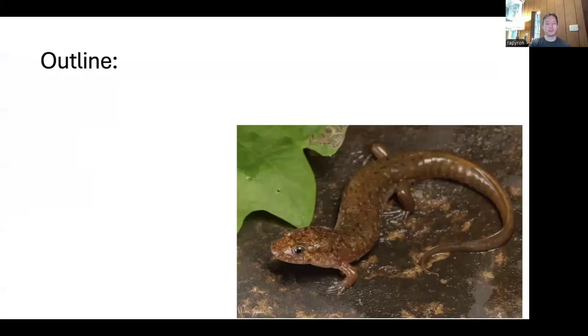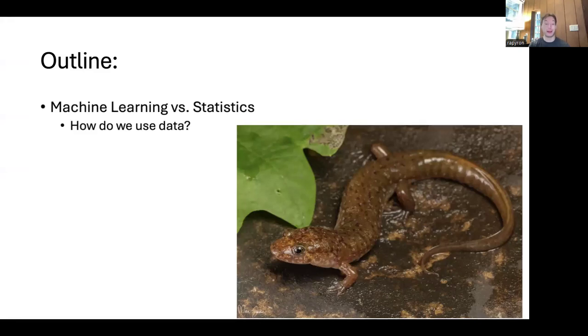So I have this divided into three major sections, each of which is covering sort of a really distinct topic, and I'll just give sort of a high-level overview, but I think we'll see how they can tie together in a way that will potentially be really helpful for the field of systematics. So first, I'll talk a little bit about machine learning and statistics and how we actually use and analyze data and how that can change.